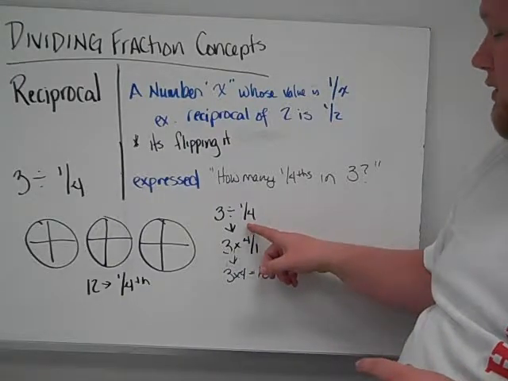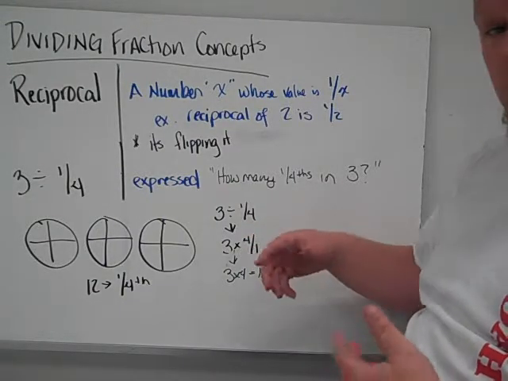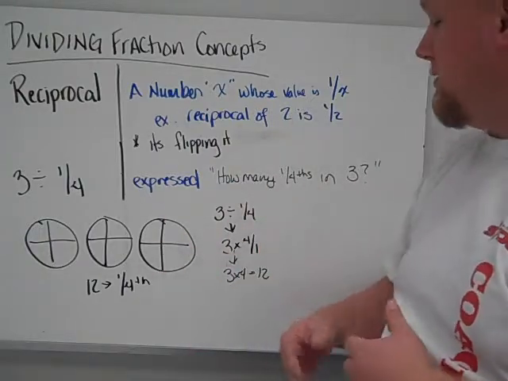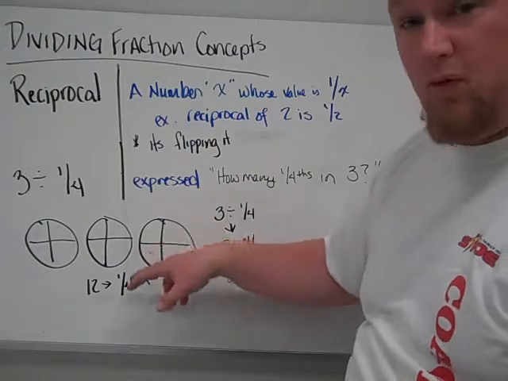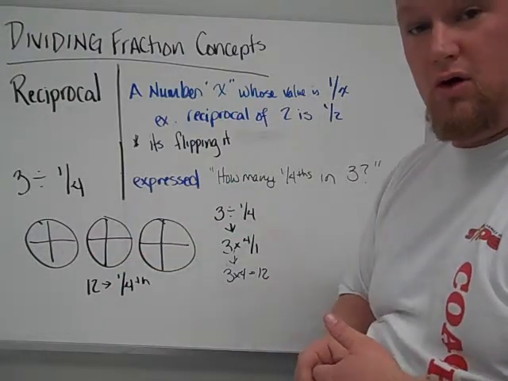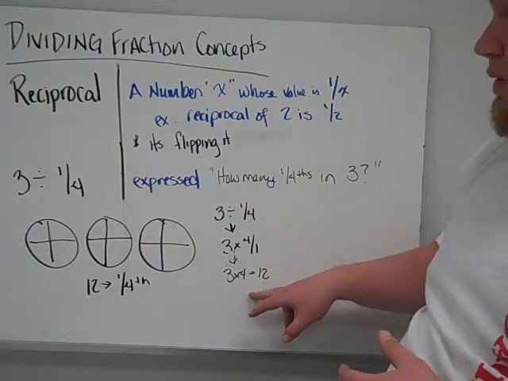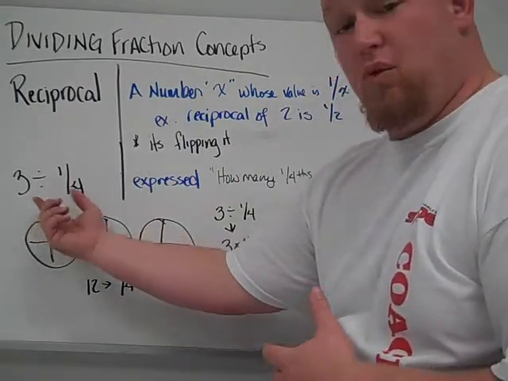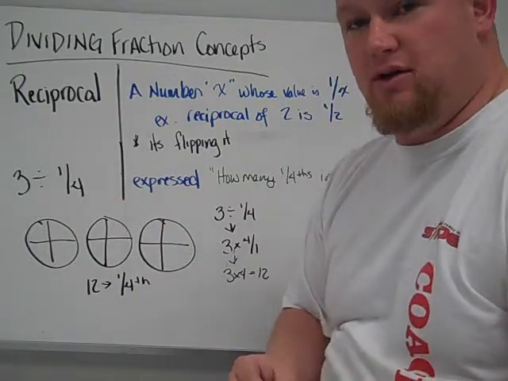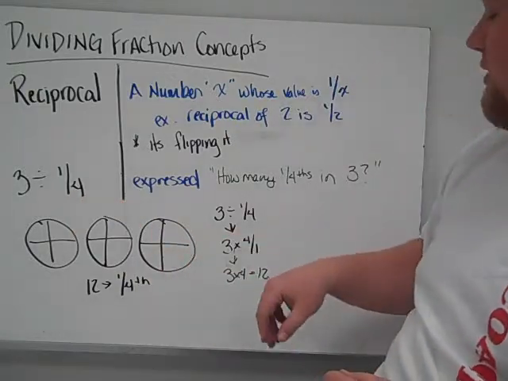We take that reciprocal, which the reciprocal of 1/4 would be 4 over 1. We just flipped it. And we multiply, really, because that's 3 wholes multiplied by 4 pieces per whole. 3 times 4 equals 12. So really, 3 divided by 1/4 has the same value as 3 multiplied by 4.